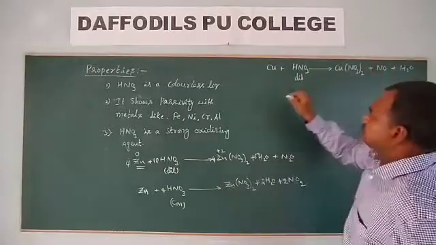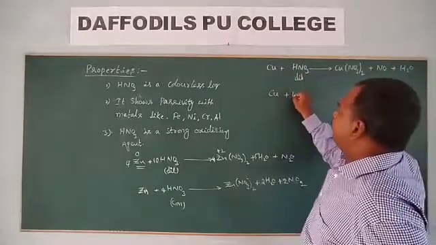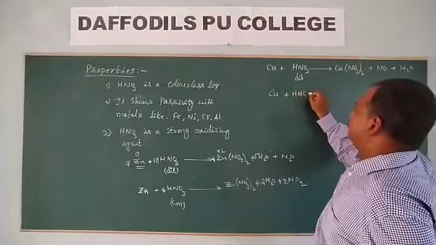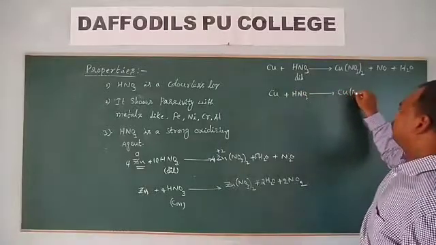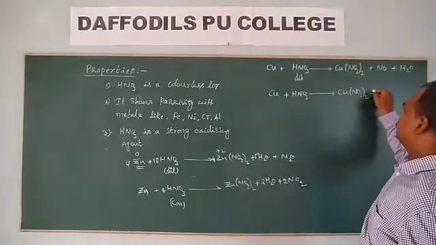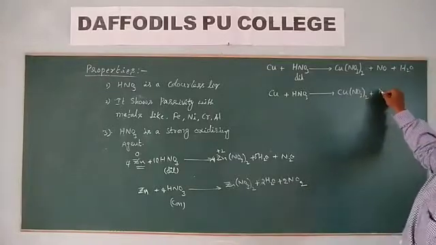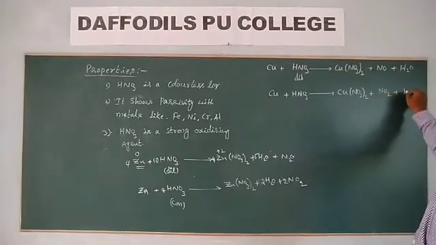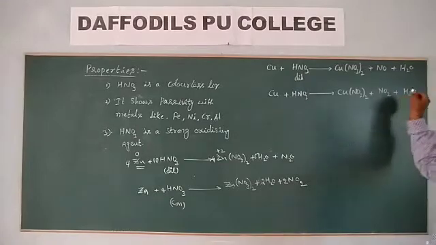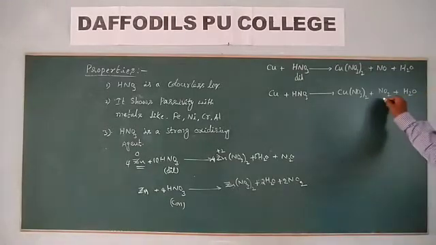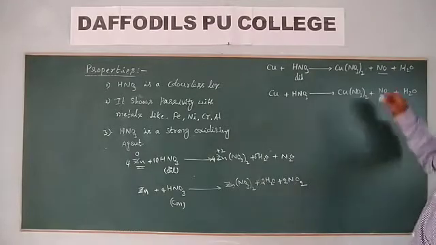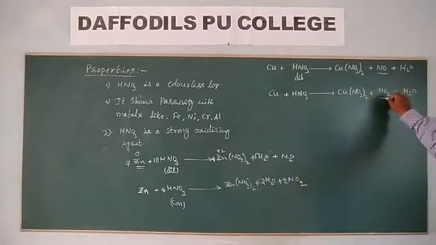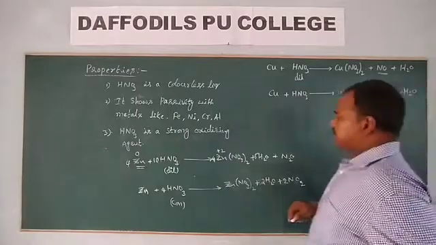With concentrated nitric acid, we get these things. Nitrogen dioxide is obtained. With dilute nitric acid, nitric oxide is obtained. With concentrated nitric acid, we obtain nitrogen dioxide gas.